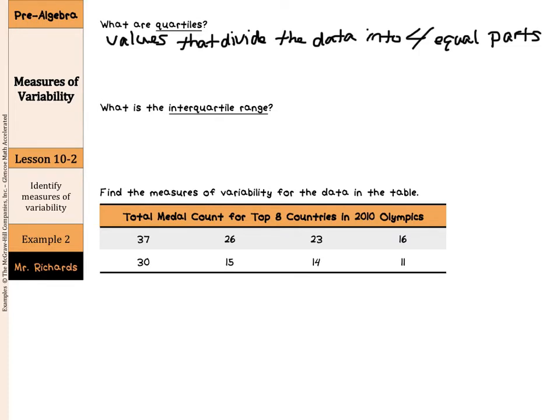The interquartile range is the range of the middle half of a set of data.